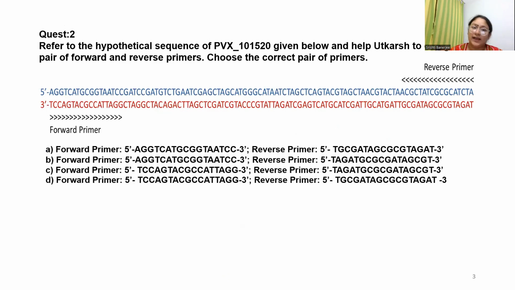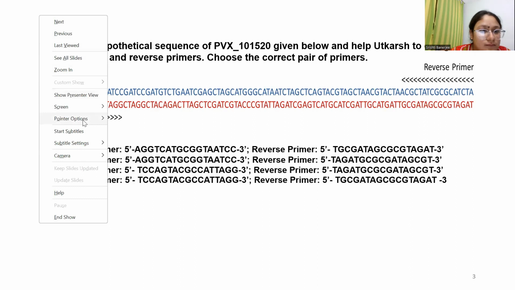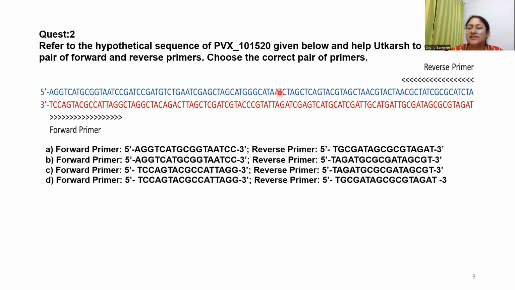Okay. So again, suppose you have this sequence of PVX101502. That is the same gene that we were discussing in the last question. And the sequence is given here. Now you need to amplify the sequence before doing your experiments. By amplification, we generally do PCR, polymerase chain reaction.